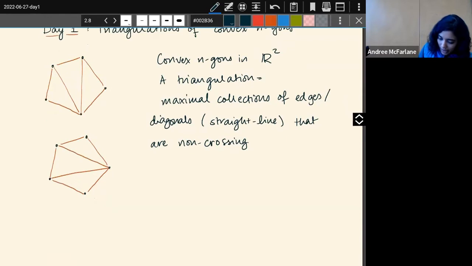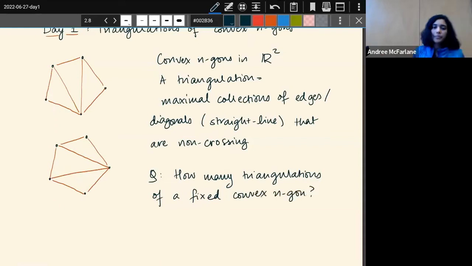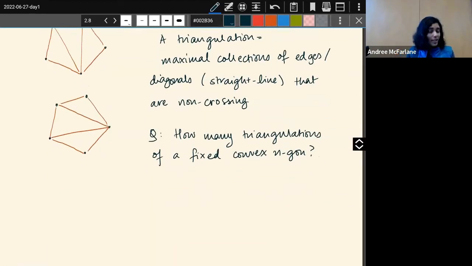So here's a question: how many triangulations? Right, and then the second question. This first one is going to be an exercise, of course, and it's a beautiful exercise.